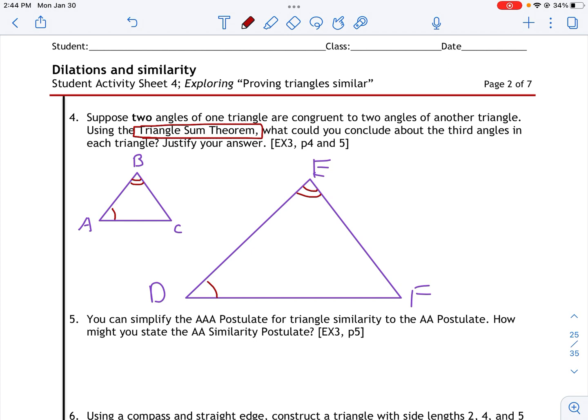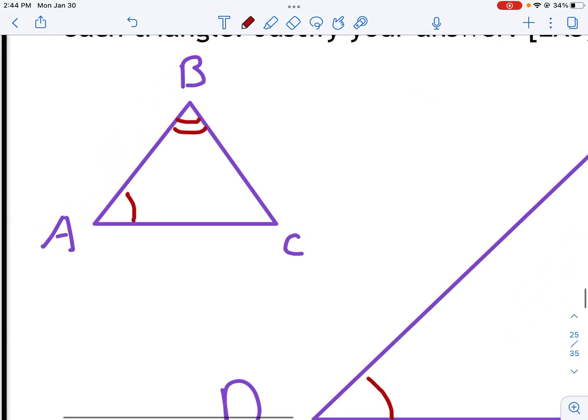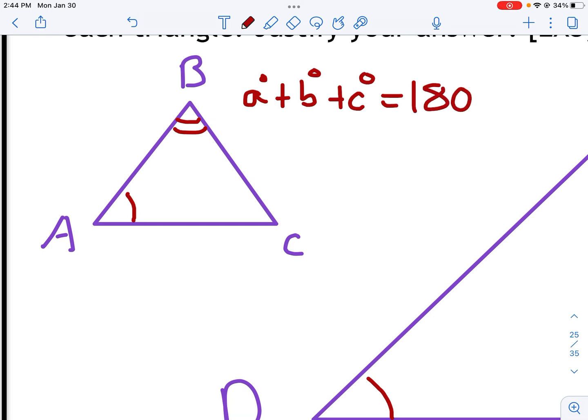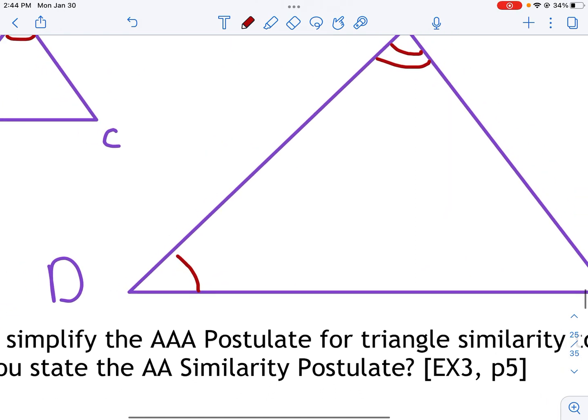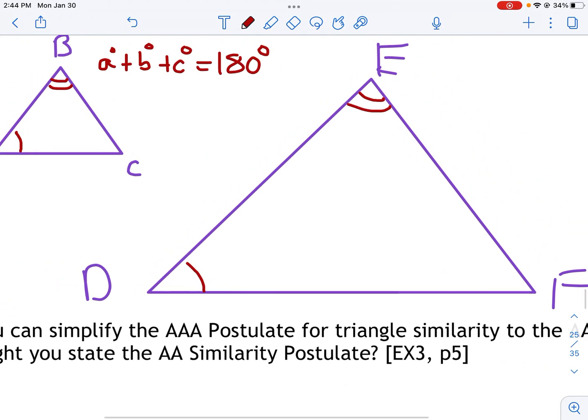Do you guys remember what the triangle sum theorem is? Hopefully you do. Triangles, right? 3 sides or 3 angles. Sum means we're adding everything together. So if I add the angles of a triangle together, what number should I get? Well, that is 180 degrees. So if I took angle A and added on angle B and added on angle C, I should get 180 degrees, right?